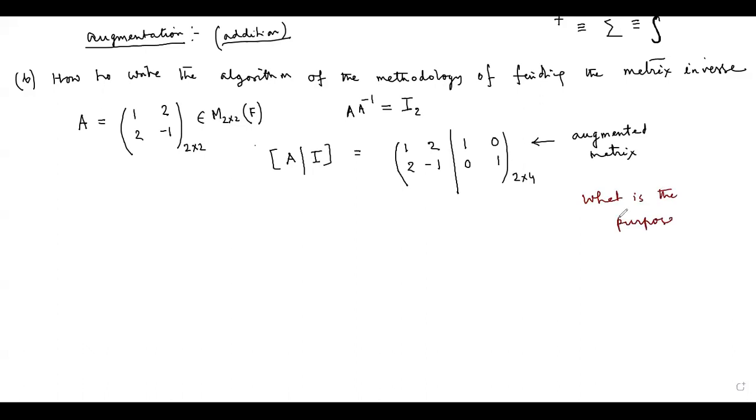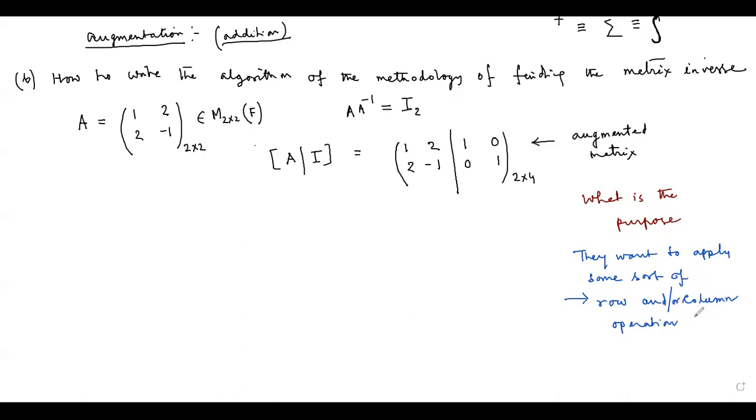The purpose is they want to apply some sort of row and column operation. Either you can apply row operation or column operation, or you can apply both. But there is a punchline that I'm going to say later on.